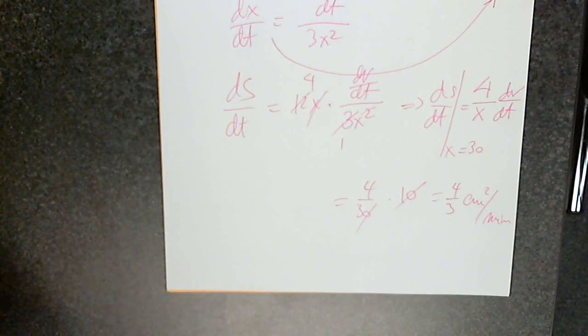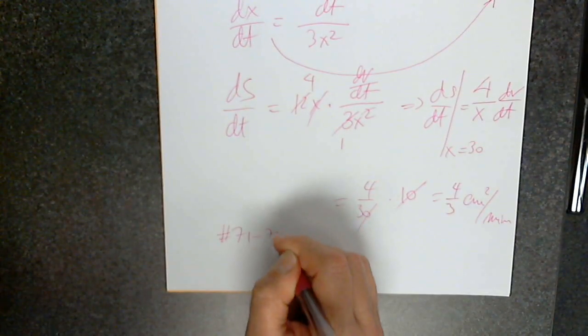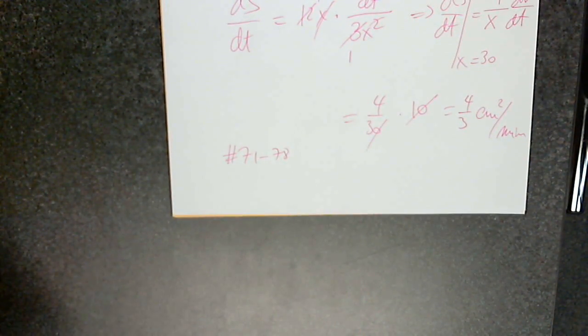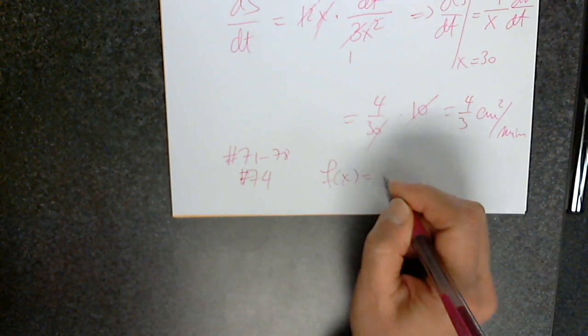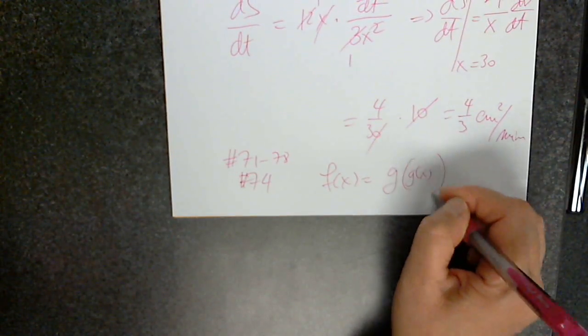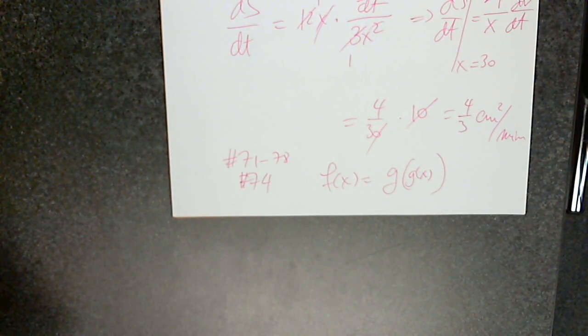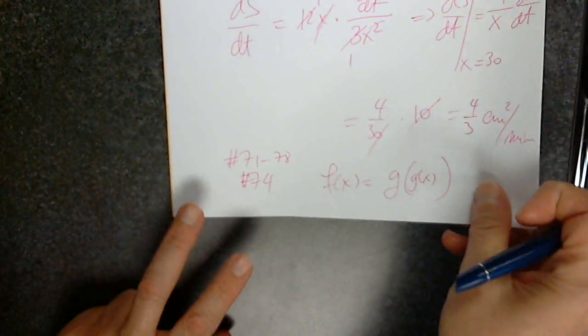Please choose a problem from 71 through 78. Okay, 74, let's do it. f of x equals g of x. One minute. And then I'd like to look at 84a.